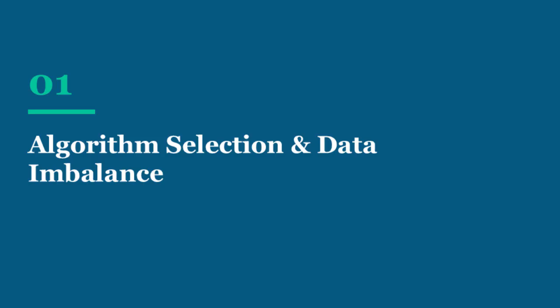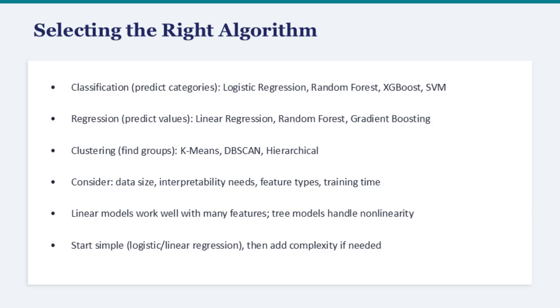We'll start with selecting the right algorithm and handling imbalanced datasets. So let's talk about selecting the right algorithm. The exam expects you to match algorithm to the problem type. For classification, predicting categories like spam versus not spam, your options include logistic regression, random forest, XGBoost, and support vector machines.